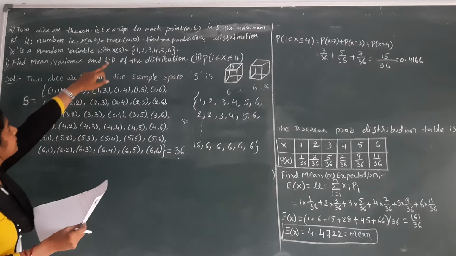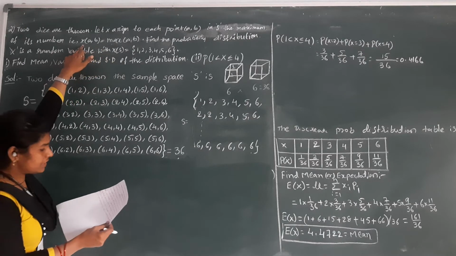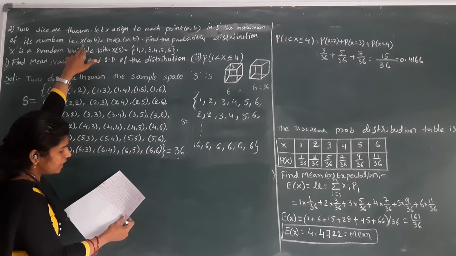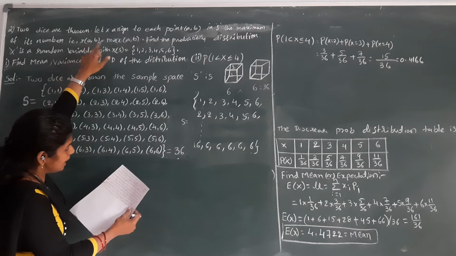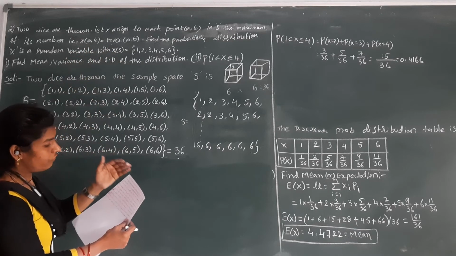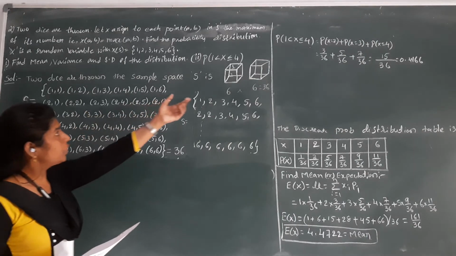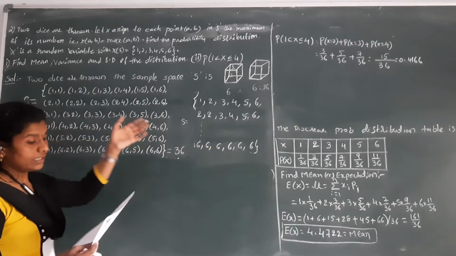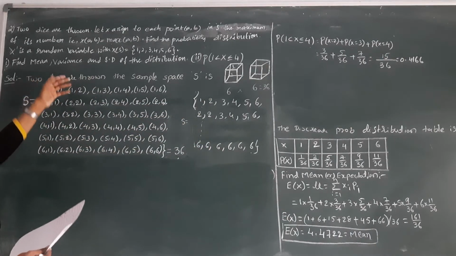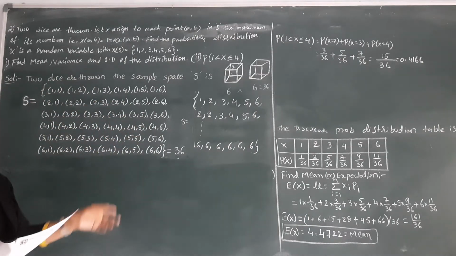Here let x denotes the minimum of two numbers appear when a pair of fair dice is thrown. Okay, so if a pair of dice are thrown, the x value is denoted as a minimum of the pair of the die values.